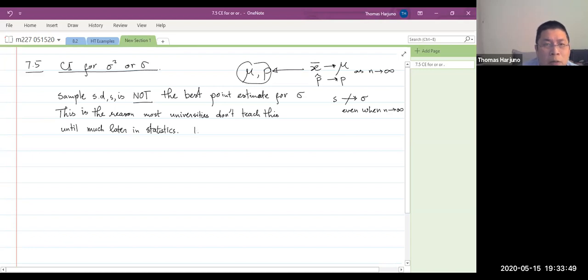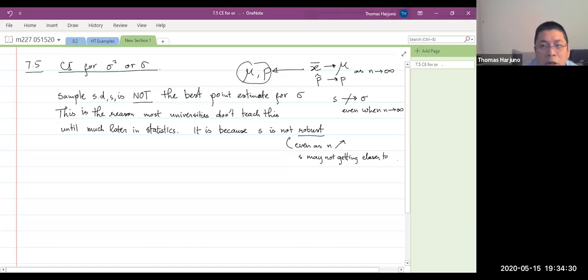It is because the sample standard deviation is not robust. That's what it means: even as n is increased, s may not get closer to the actual population standard deviation.